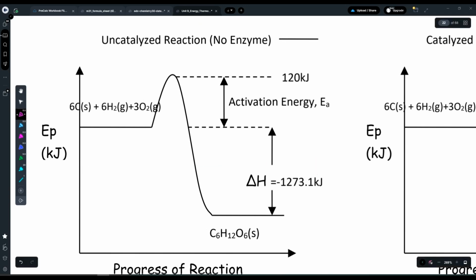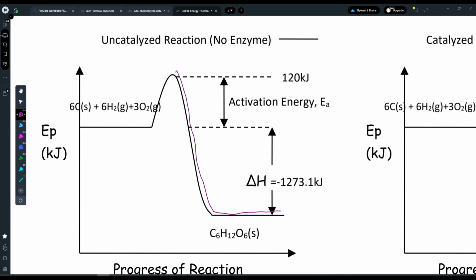How I would read this to get the activation energy in reverse is we're starting out here, we gain 1,273 kilojoules of energy, and then we add another 120 kilojoules.